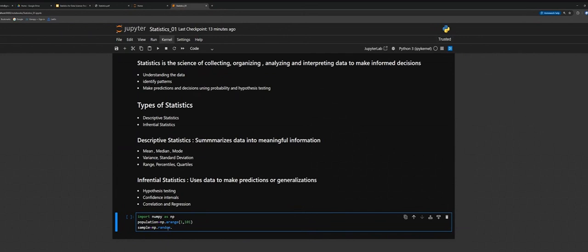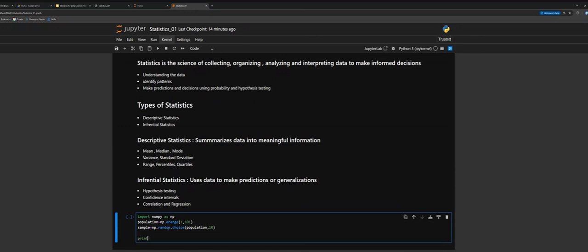Random dot choice, and I'll use population here, that is my previous variable with the range 1 to 100. That is my data, and I will take a random sample of 10, or 20, you can do anything.